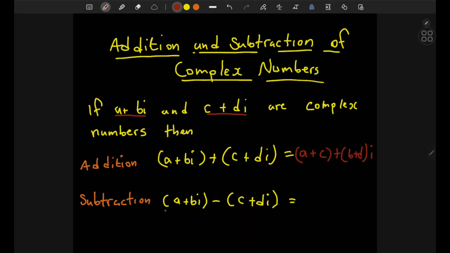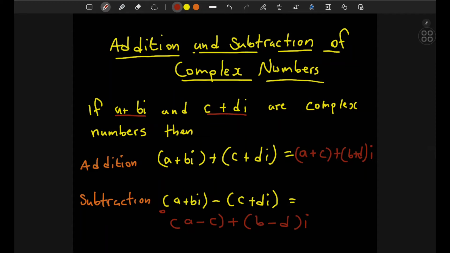The same applies for subtraction. Subtraction also, we will subtract the real part and we will subtract the imaginary part. So that is, I'll write it down here. So here it will be a minus c, we'll put plus, then we'll have b minus d, and we'll have the imaginary number outside. And that's how it works.